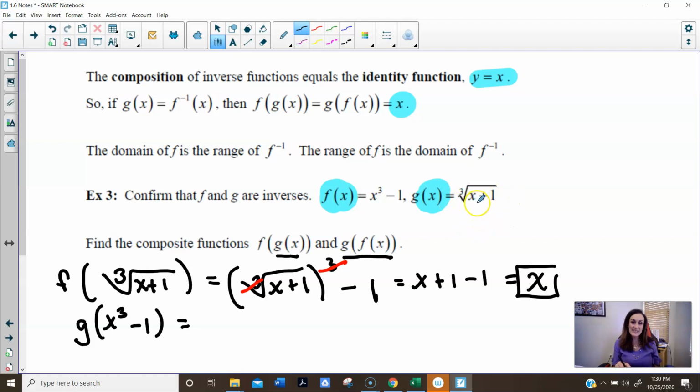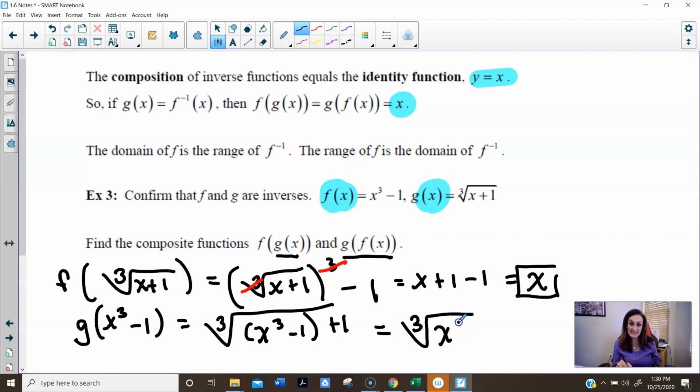And where I see an x, I'm going to put in x cubed minus 1. So this is going to give me the cubed root of x cubed minus 1 plus 1. And then the minus 1 plus 1 are going to cancel. That's going to give me the cubed root of x cubed. And now I'm left with simply x.